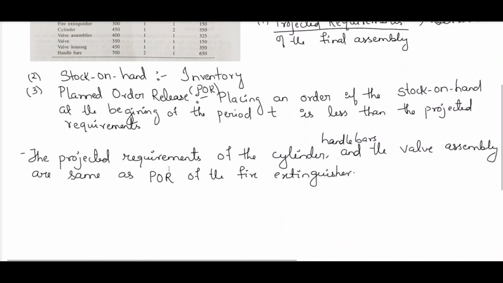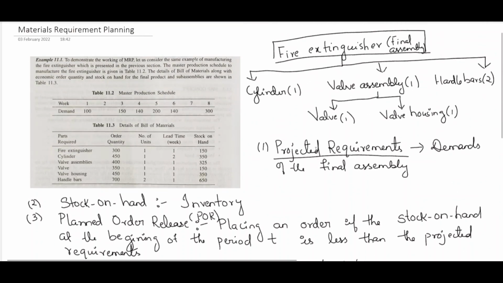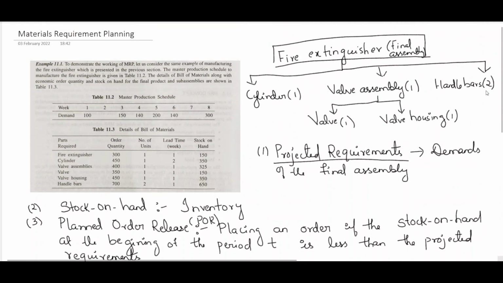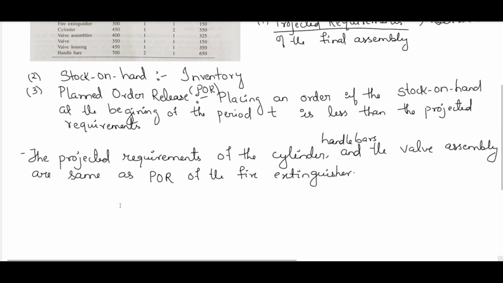So the projected requirement of these sub parts is the same as the demand for the fire extinguisher. But in case of handlebars, there are two in number, so it has to be doubled. That is the only thing. When we work out the problem, it will be very clear to you all. Let me write down handlebar later so that there won't be any confusion here.